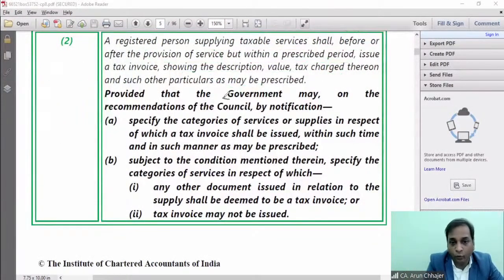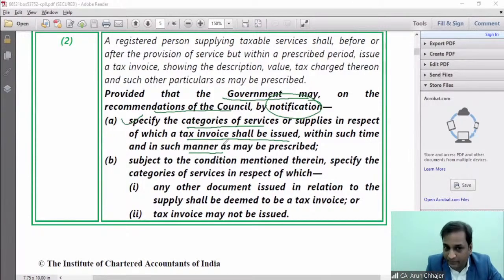It says that, provided that the government may, on the recommendation of the Council, by notification, specify the category of services in respect of which the tax invoice shall be issued within such time and in such manner as may be prescribed.